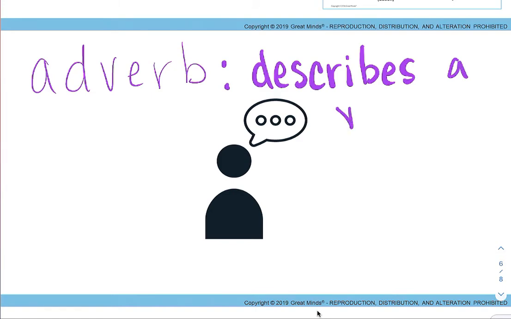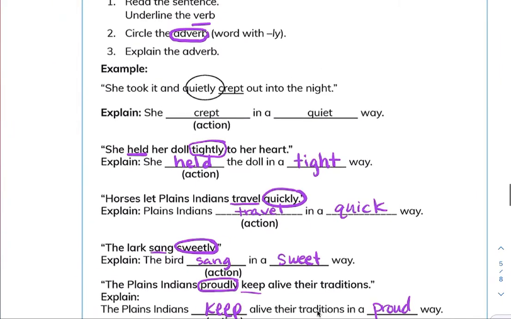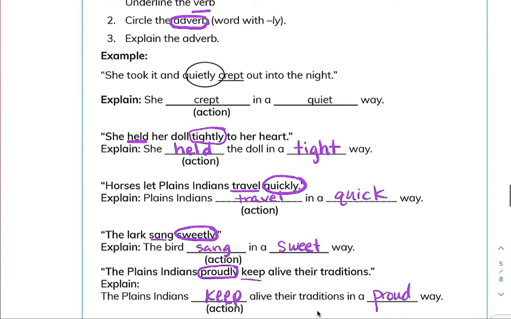A verb, yes. Adverbs, look, we have the word verb in both of these. An adverb describes a verb. Many adverbs end with ly, so that's a good hint when you're looking at the sentences. Each of our adverbs in these sentences ended with ly.